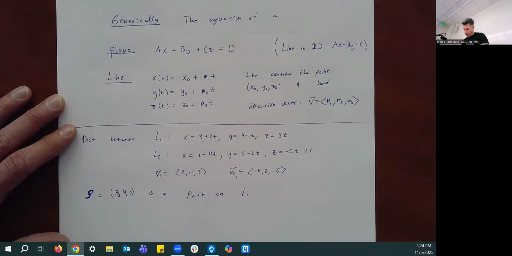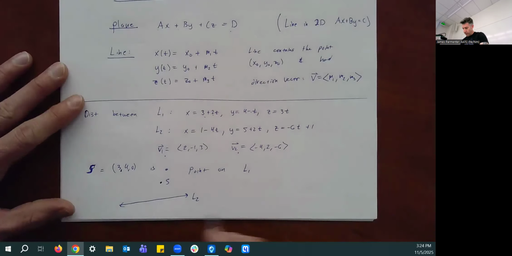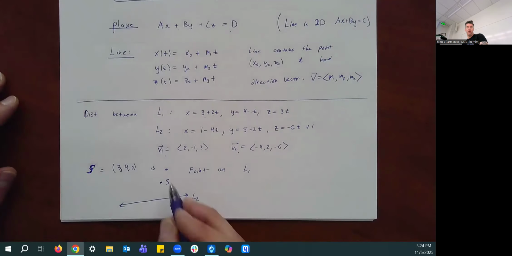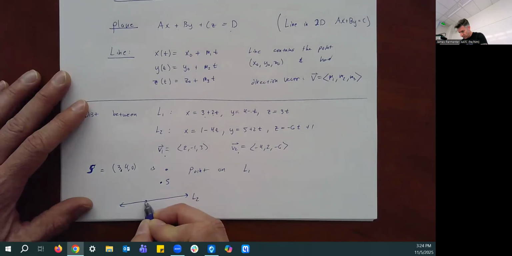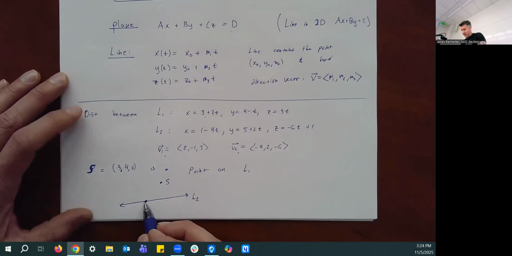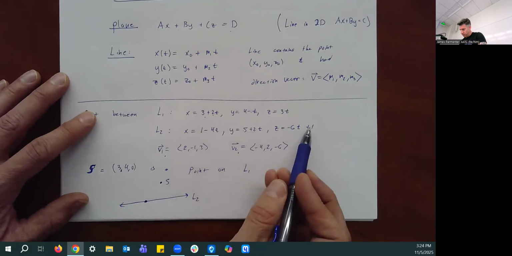Now all we're going to do is find the distance from L2 to that point S in the usual way. We pick some other point on L2, and we don't know that it's the closest point, just like every time we've done this before. We'll also find it by setting t equal to 0, because that seems easy. That point is (1, 5, 1).